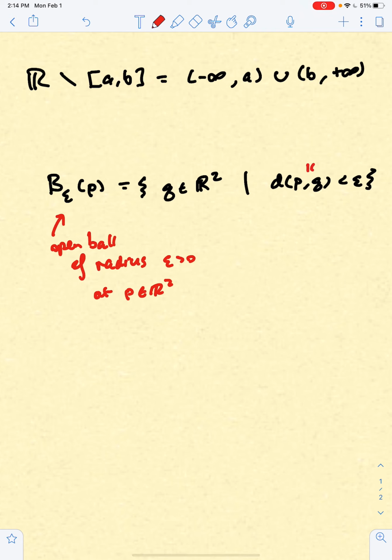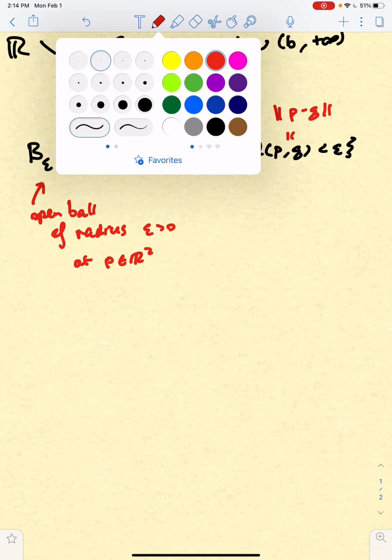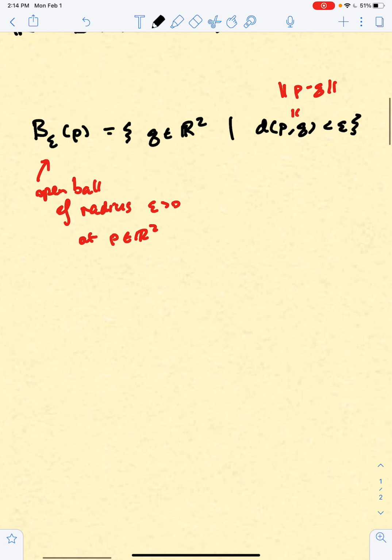We define distance here to be the norm of the difference. So this is an open ball.